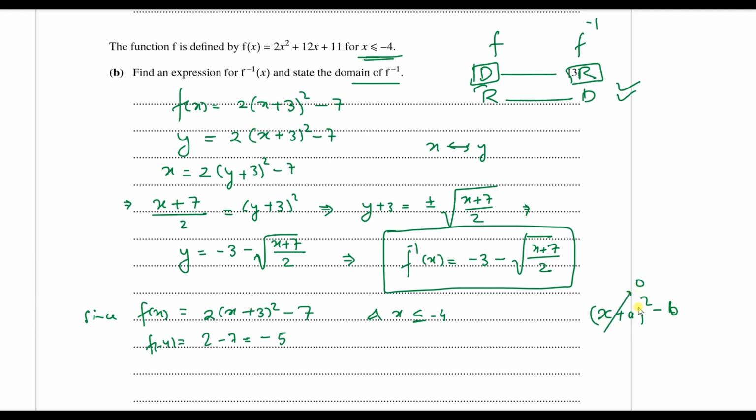The minimum value for this is when x plus 3 is minus 1, and hence it will give you the minimum value of f(x) as f of minus 4. So it means you can say that f(x) will always be greater than or equal to minus 5, and hence the domain of f inverse x is x greater than or equal to minus 5.